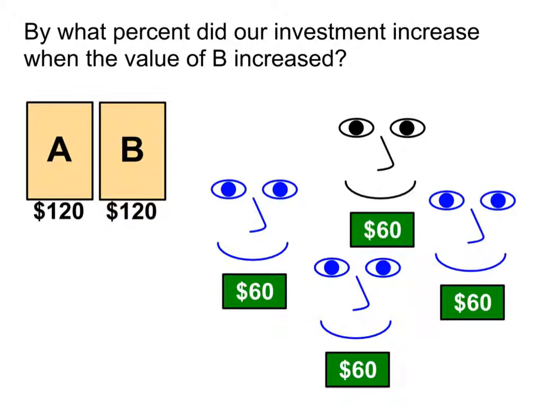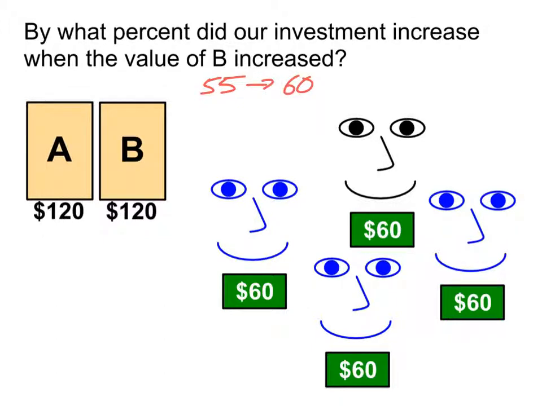So in this case, by what percent did our investment increase? Now, this is the tricky part with this one. It's not 10% this time. Last time we gained $5, and that was 10%. But this time it's not, because in this case, we went from 55 to 60.